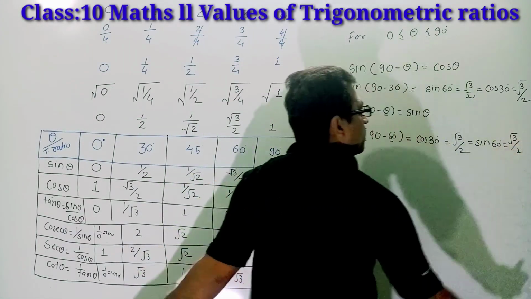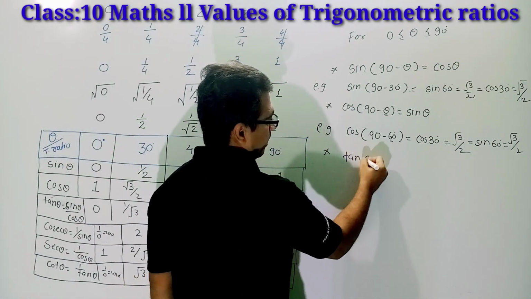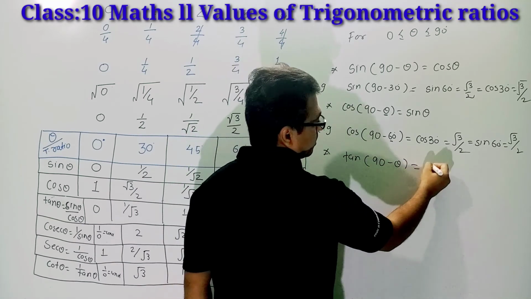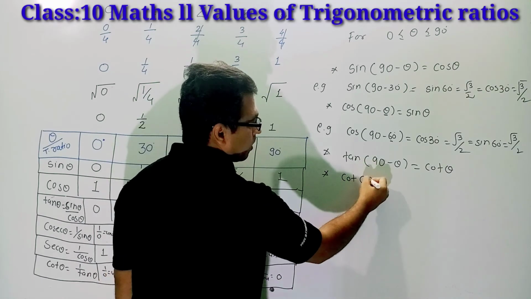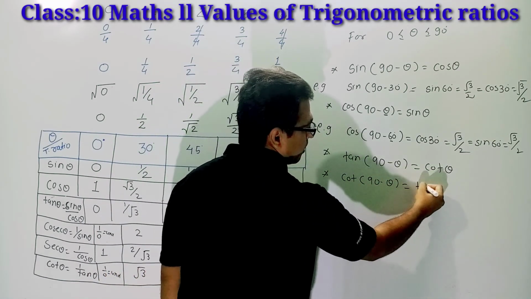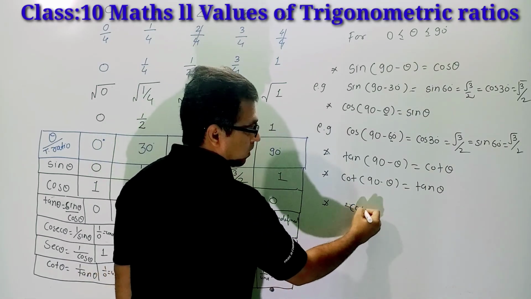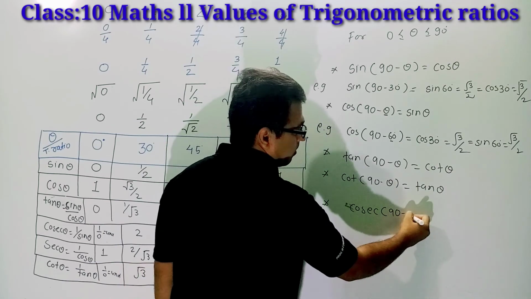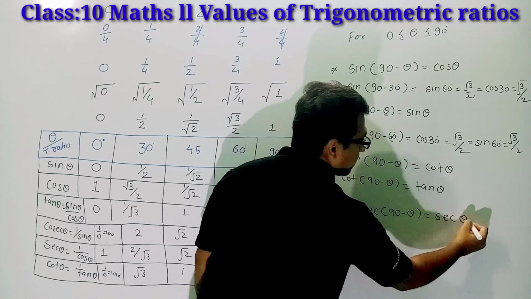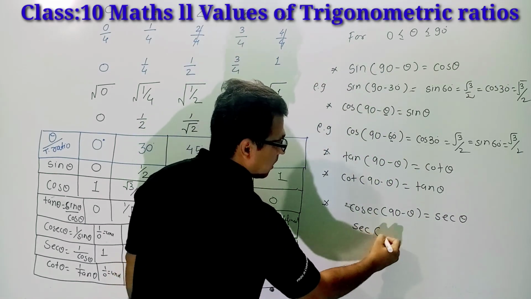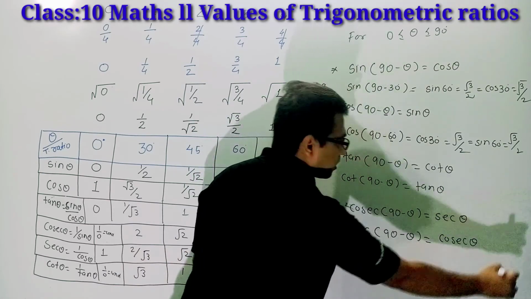Similarly, students, for the other ratios, tan 90 minus theta is equal to cot theta, and cot 90 minus theta is tan theta. Cosec 90 minus theta will be sec theta, and sec 90 minus theta will be cosec theta.